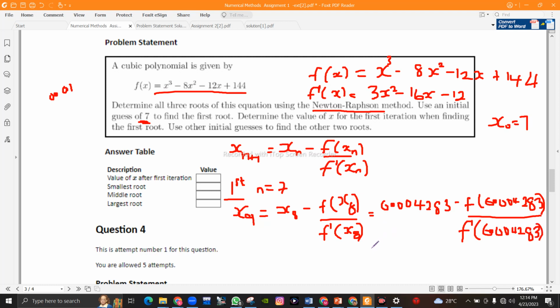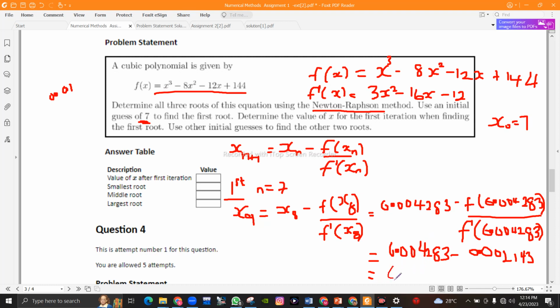So we do this. We put this inside this function, put this as x and this as x for f prime of x. We're going to have 0.002143. It's just like you are dividing the error by 2, that's what I noticed.